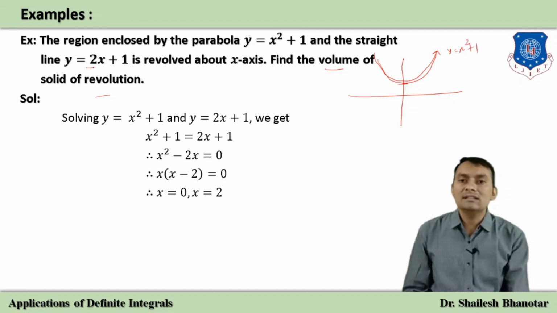Then the line y equals 2x plus 1 can be written as minus 2x plus y equals 1, which can be written as x divided by minus 1 by 2 plus y divided by 1 equals 1. So the x-intercept is minus 1 by 2, and the y-intercept is 1.